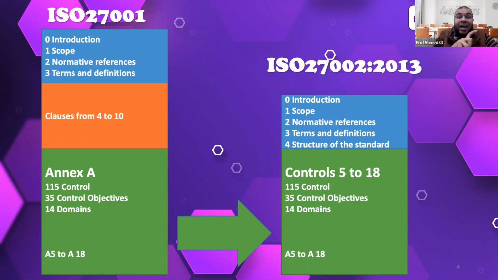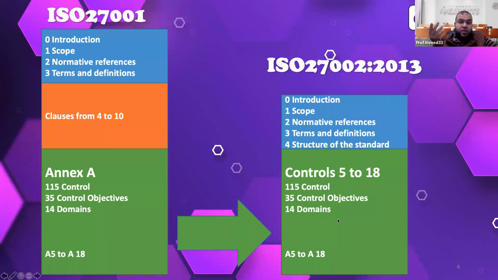And there is an annex, the annex that is highlighted in green. You can see the annex starts with A. A stands for annex. This annex has 114 controls in 35 control objectives in 14 domains, from A5 to A18. Again, why did Ahmed start with 5? Because this annex is a part of 27002.